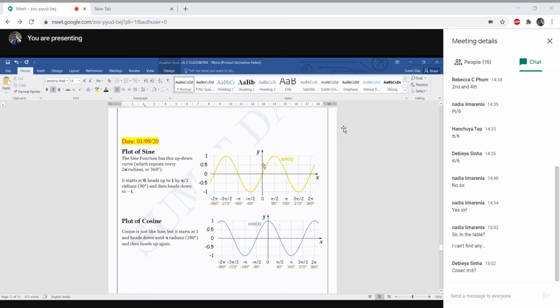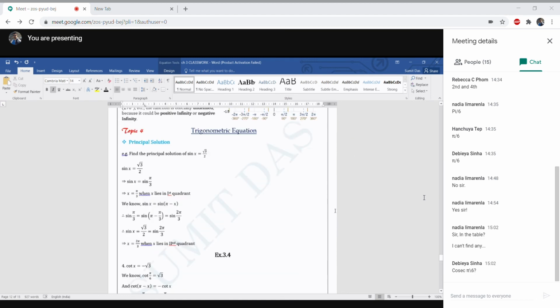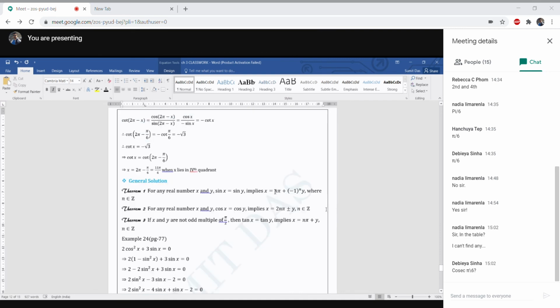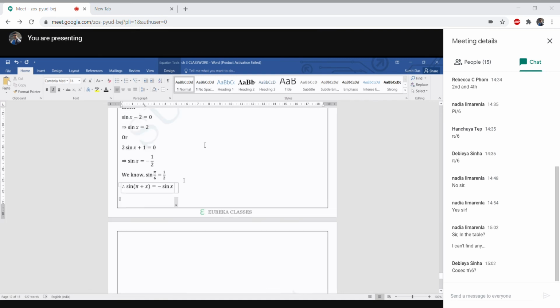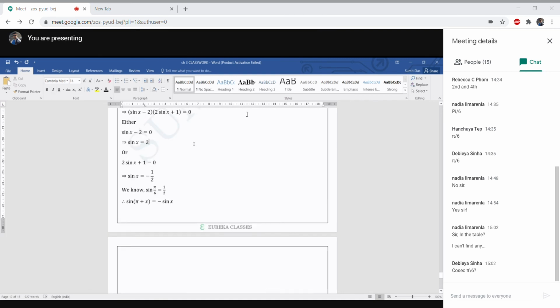The sine curve is between 1 and minus 1, so the maximum value can be 1. So sine x equal to 2 is not possible. So we will not take this value, we will take the next value.